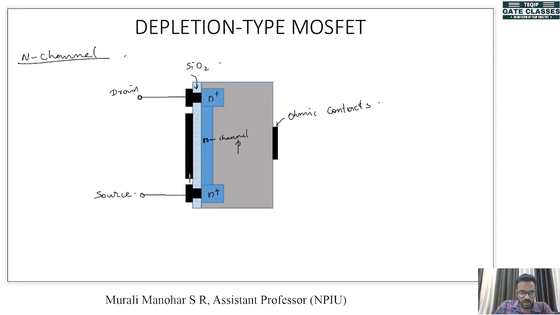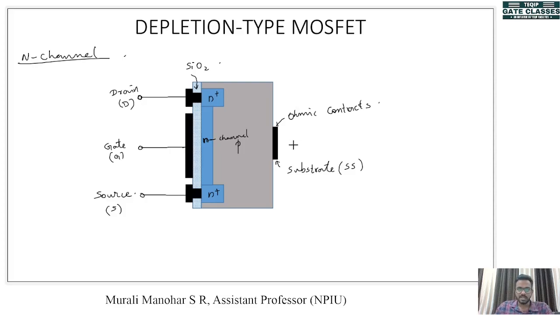Now there is one more metallic contact here. This is the gate. And you can see that between the gate terminal and the substrate, there is a silicon dioxide layer. And this is the fourth terminal. It is called substrate, denoted by SS.